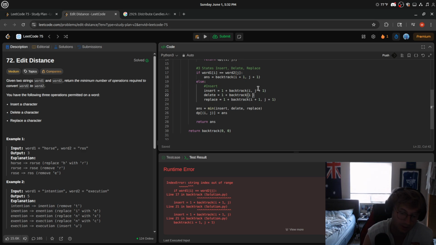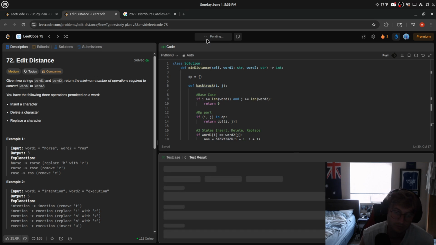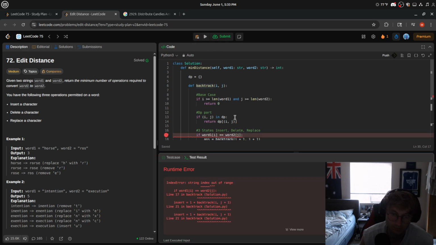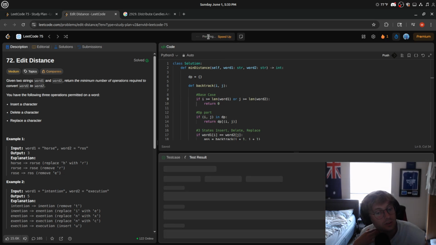Delete would be i plus 1, j. Then i plus 1, j plus 1. Yeah, replace. Well, dp[i][j] is equal to ans. We return ans. Backtrack(0, 0). I think it's out of range, and that's why we're getting the issue.